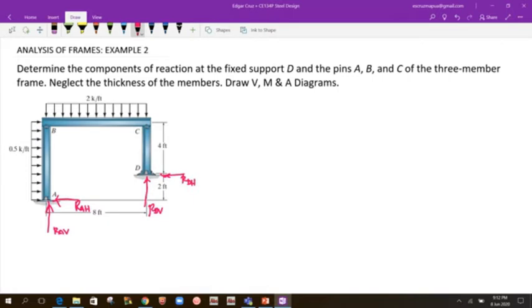Since this is a fixed support, we expect to have a moment, so let us call it moment at D. For the direction of the moment, we could assume either clockwise or counterclockwise. Let me assume that the moment here is counterclockwise. Okay, so let us solve for the reactions.